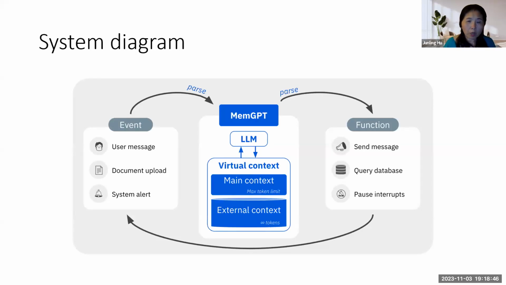Now, if you look at the complete system, the question is, how do we go about doing this? How do we use the main context and bring out the external context dynamically and efficiently? So they built this system called MemGPT. At the core of MemGPT there is a large language model, and for simplicity, the author is simply using GPT-4.